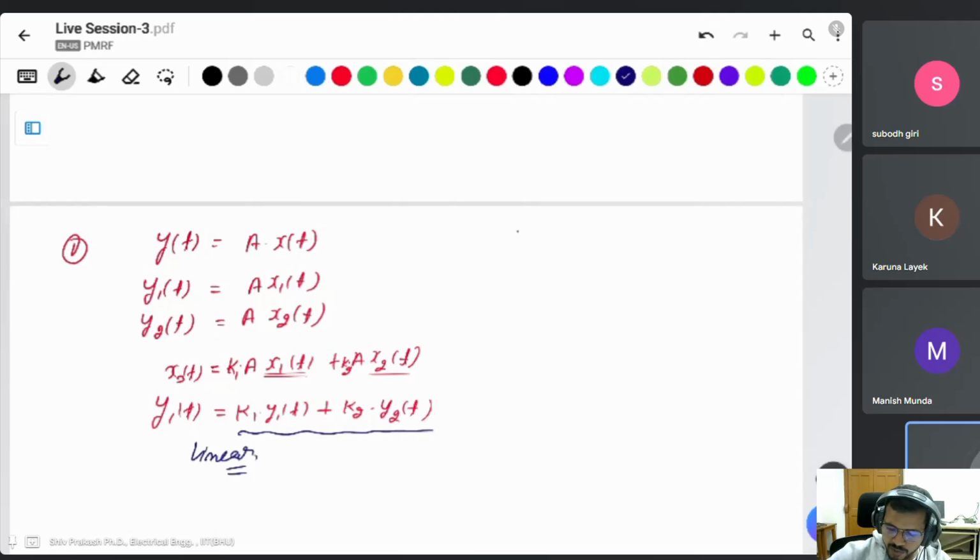Same thing we want to check for y(t) equal to x(t) squared. Take some constant a, a x(t) squared.